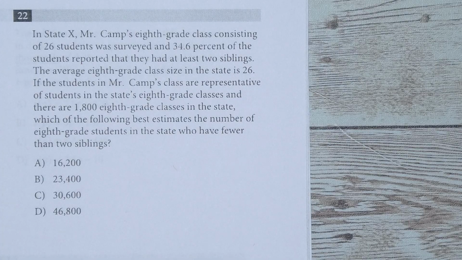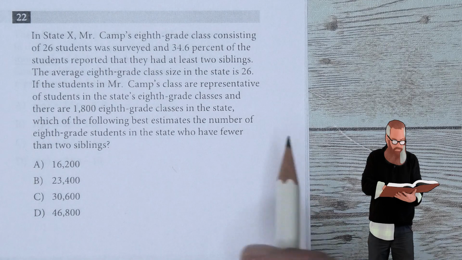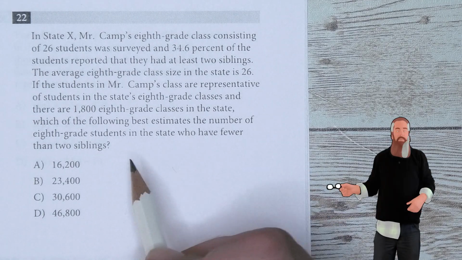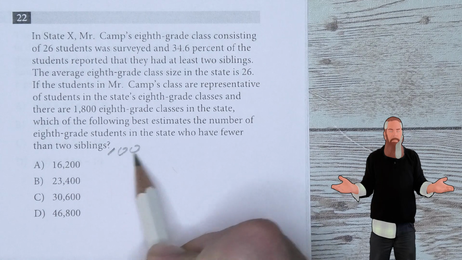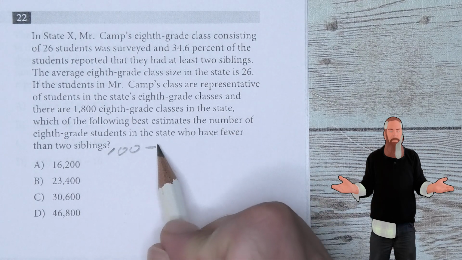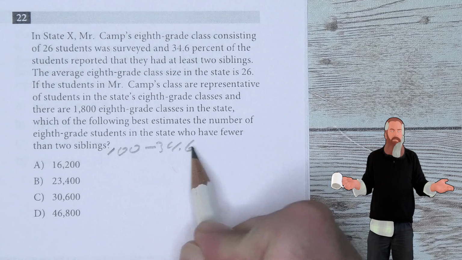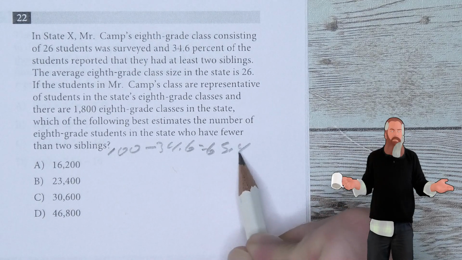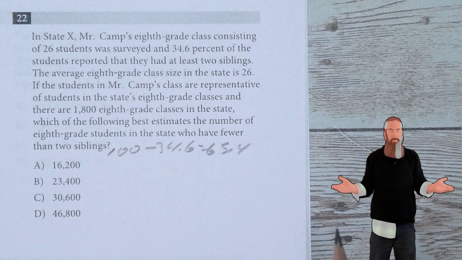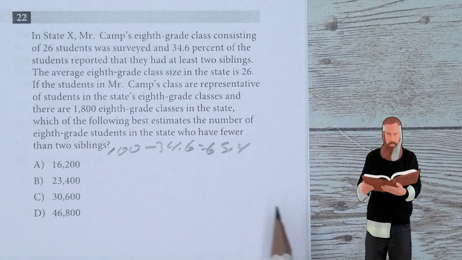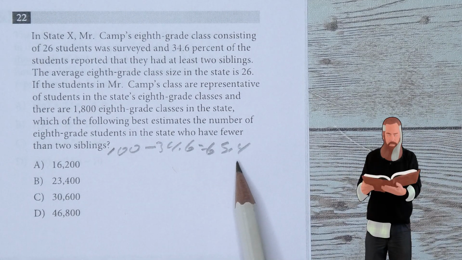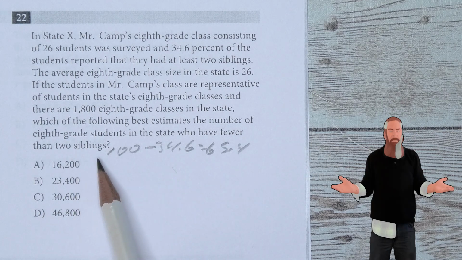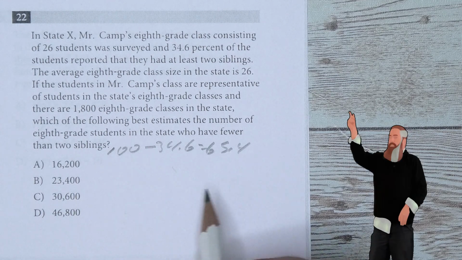So to start with, we're going to deal with the fact of fewer than 2 siblings, meaning out of 100% of the students, if you subtract 34.6 that have 2 or more, that's going to leave you with 65.4% have fewer than 2 siblings, meaning they have 1 or none.